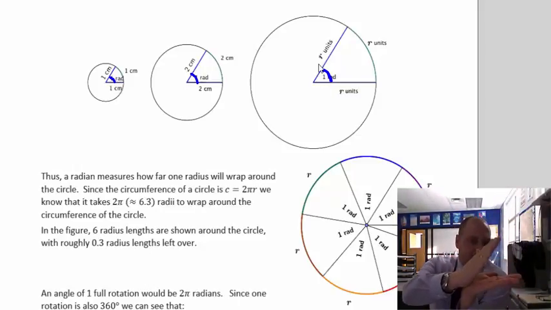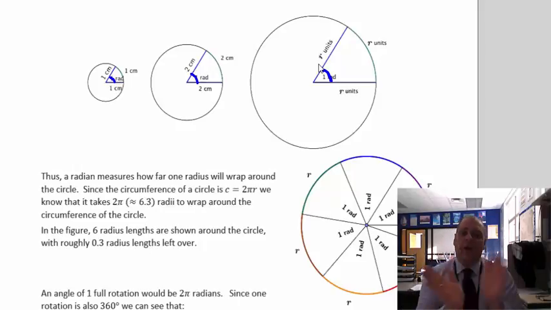The space in between, the angle measure is the same in all three circles. The angle measure for each of those angles is 1 radian. Radian measure, unlike degrees, where the measures are larger numbers, like 30 degrees, 40 degrees, 100 degrees.